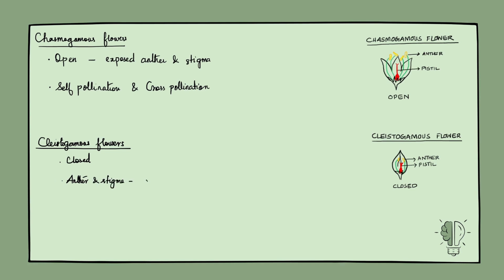Now to memorize that clistogamous flowers are closed, just remember that both words start with the letters C and L. So clistogamous flowers are closed, whereas chasmogamous flowers are open.